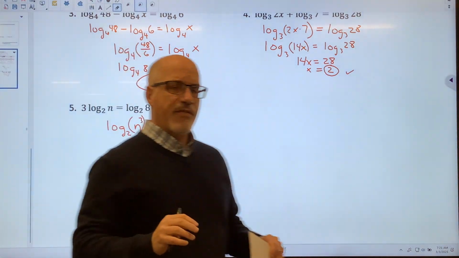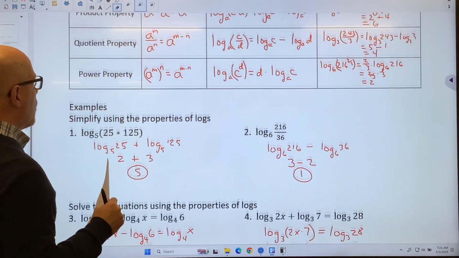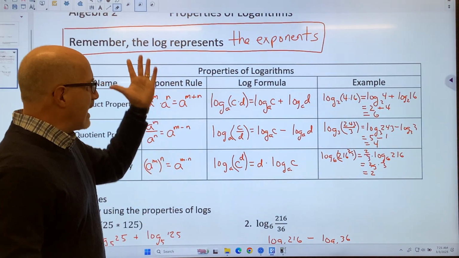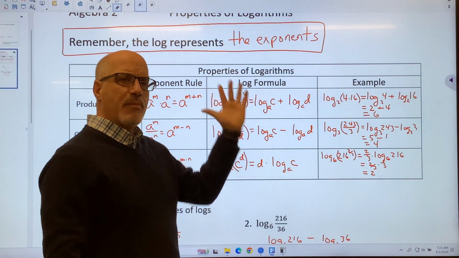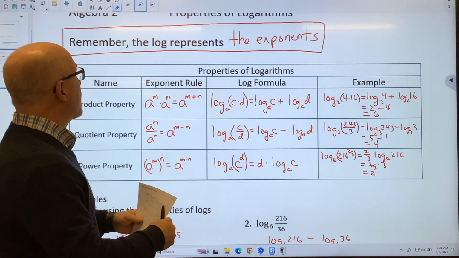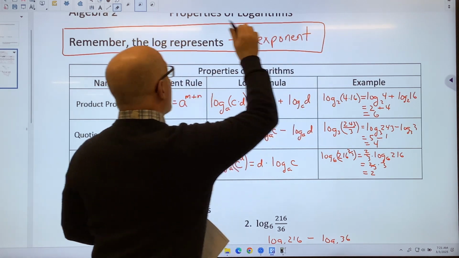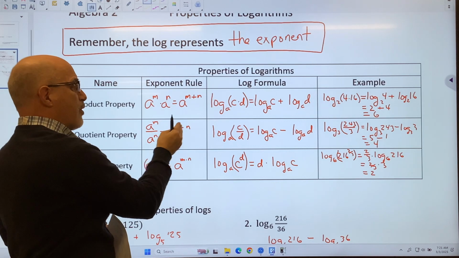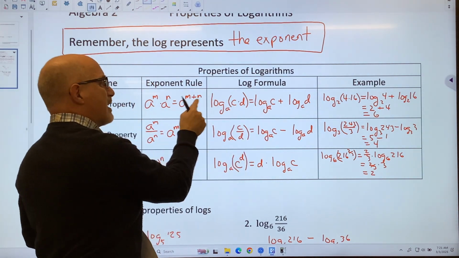So the big idea for this lesson is, let's go back and look at that chart. What I need you to make sure you connect here is the connection between exponents, those properties, and log properties. Because the log represents the exponent, when we have an exponent, you're going to use these exponent rules, so multiplication becomes addition because of this rule.